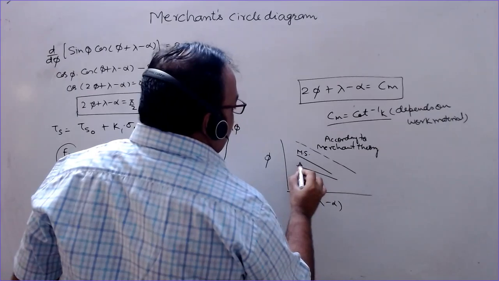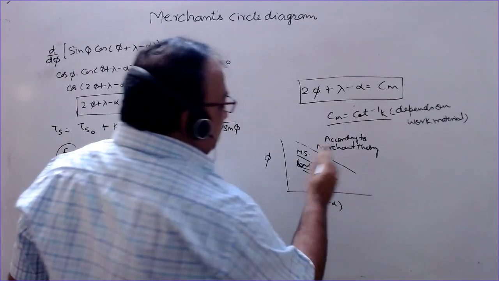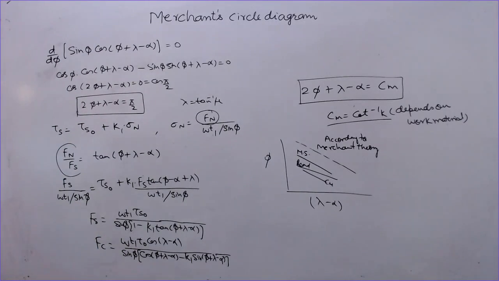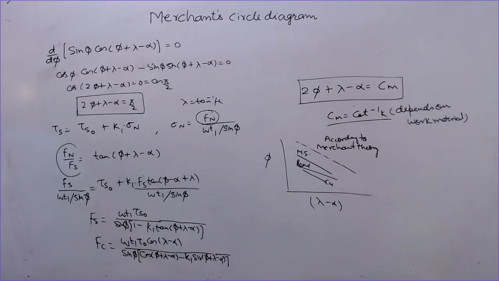This is for lead and this is for copper, etc. So different materials, when they were used, gave results in agreement with Merchant's modified theory. So this is how Merchant's force analysis is done, and we arrive at the results.